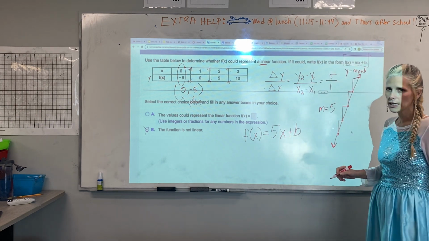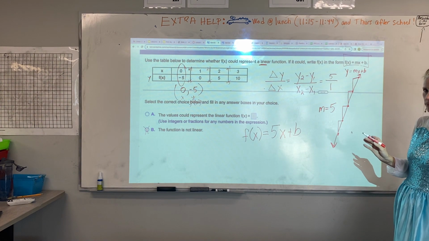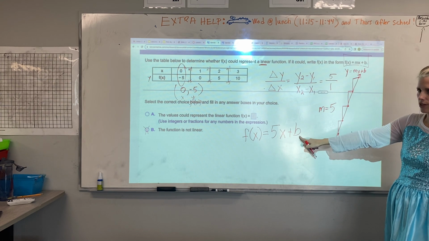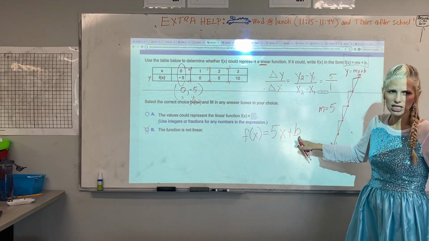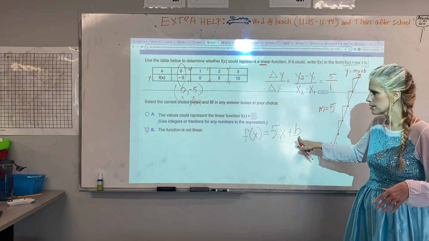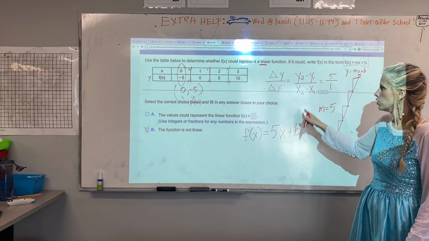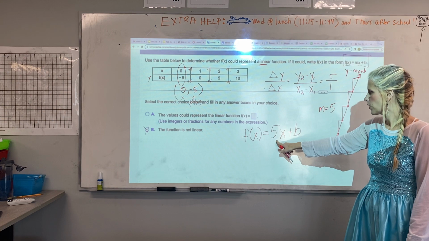The only other thing that we need to substitute is our y-intercept. Now, when we were working with linear equations, before we ever talked about functions, we figured out how to find a y-intercept using the information that it gave us. We figured out our slope.